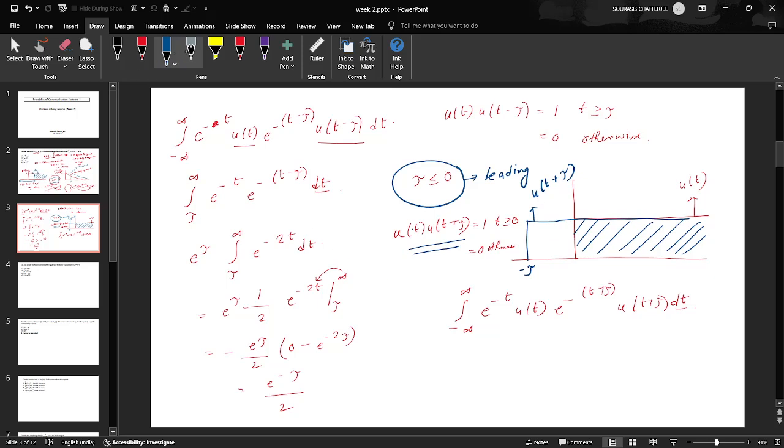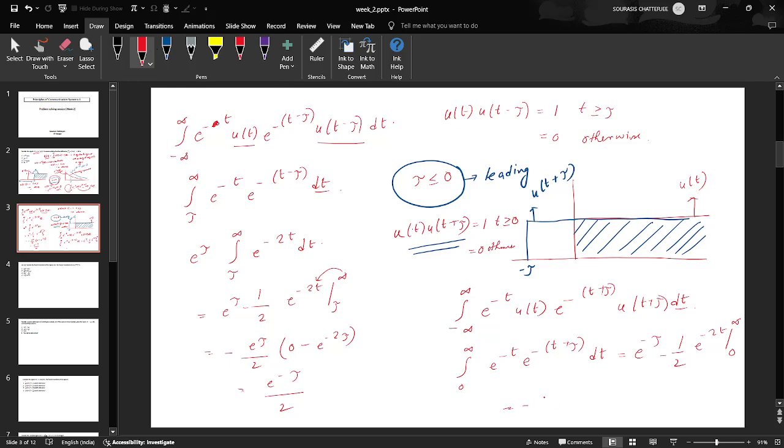So now our modified integration limit, we can write it as 0 to infinity, and we have e to the power minus t, e to the power minus (t plus tau) dt. Tau is again a constant, so we can take e to the power minus tau outside. So as previous, we'll end up with minus 1 over 2 e to the power minus 2t, limit 0 to infinity.